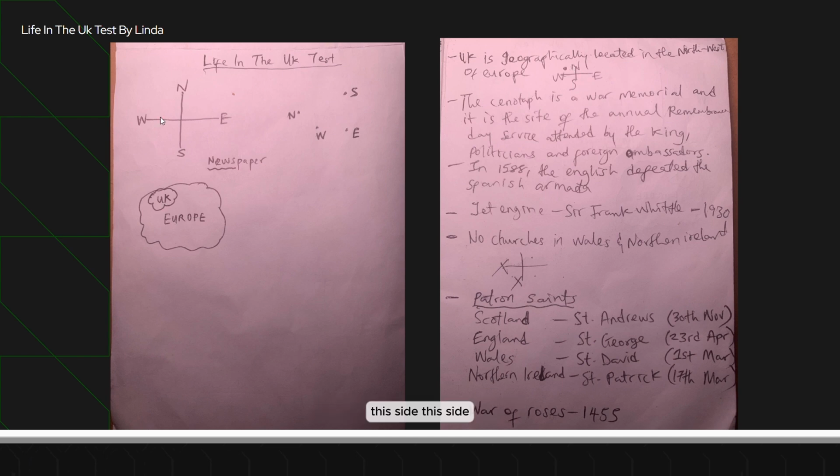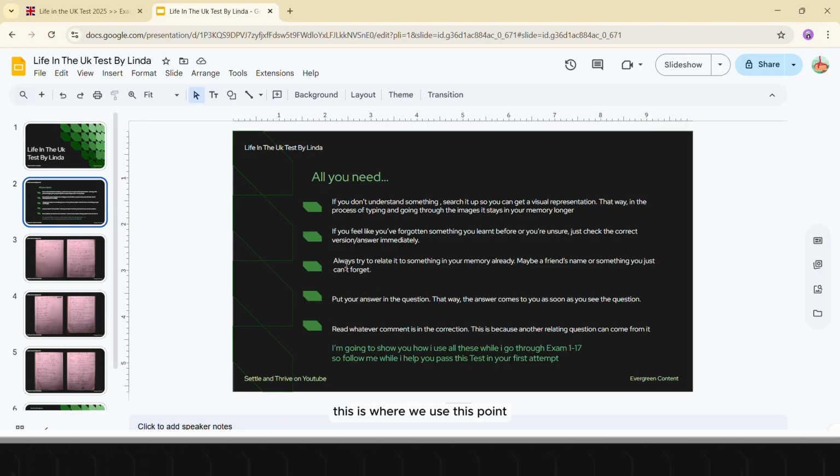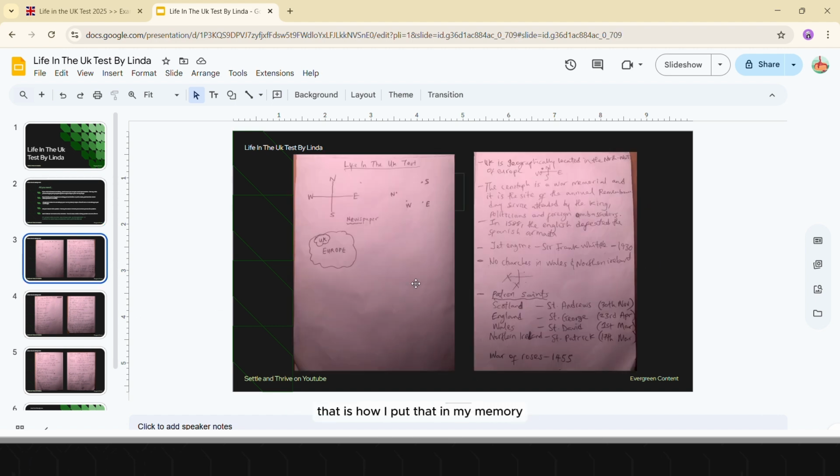This side, northwest. So, how I got to know about the patron saints. Let me show you something. Always try to relate it to something in your memory already, maybe a friend's name or something you just can't forget. That is how I put that in my memory. For England, I have a friend whose name starts with G, so I just put it as Saint George.